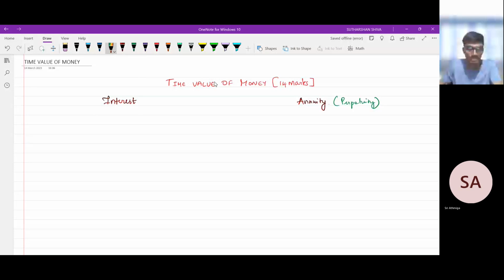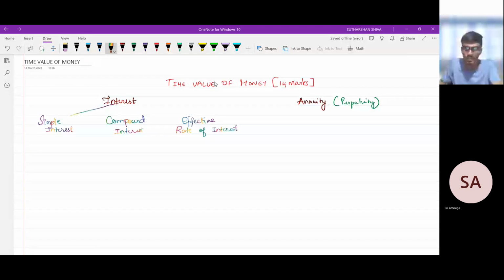Interest is subdivided into three parts: one is simple interest, next is compound interest, and next is effective rate of interest. Annuity is further divided into two.